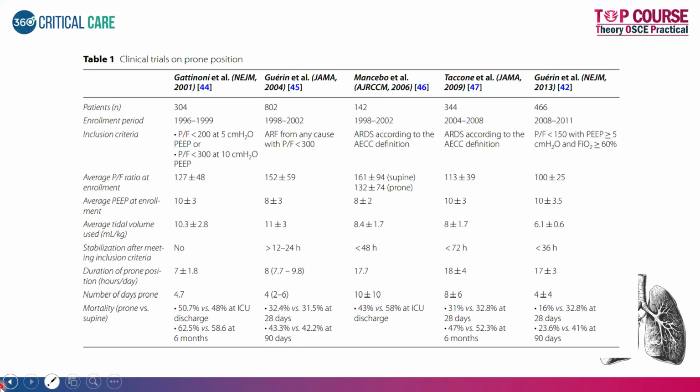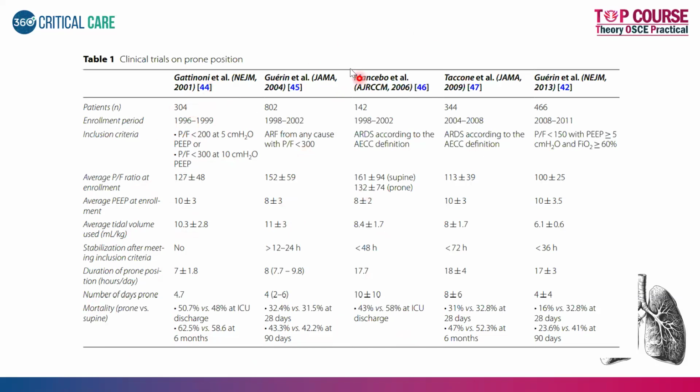It all started with Gattinoni in 2001. The only problem at that particular time was the recruitment and the use of tidal volume strategies. They fairly used a larger tidal volume, and the duration of proning was less. That probably would have influenced the negative outcomes in the earlier trials by Gattinoni and Guerin.